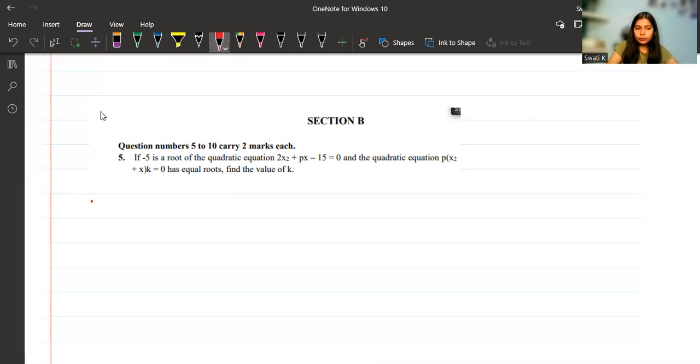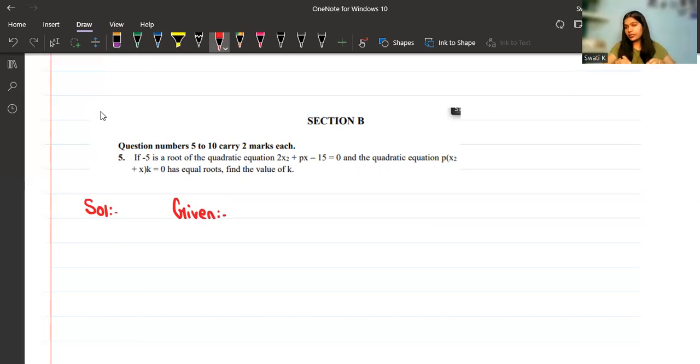What do we have to do? We will start with the first sentence, which is given: if minus 5 is the root of the quadratic equation. What is the quadratic equation given? Make sure when you are writing a board examination paper, you write every given information.